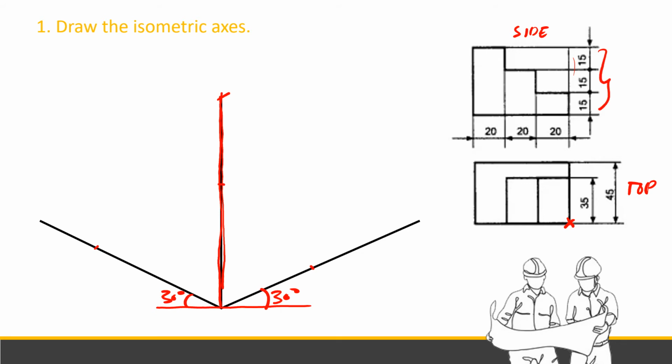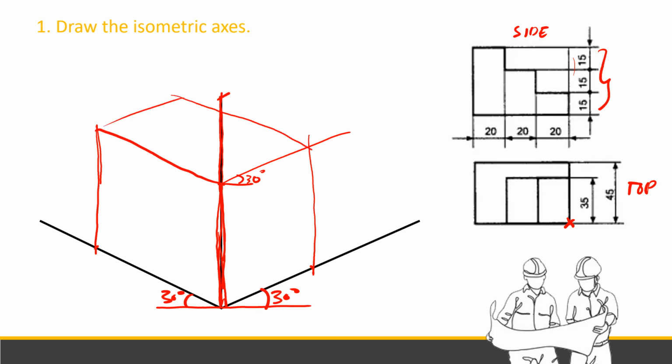So if meron ka ng height or this corner here, you will create an isometric box. These lines should be parallel with each other. So this must also be 30 degrees. We will use a triangle here, and you will draw the vertical lines.